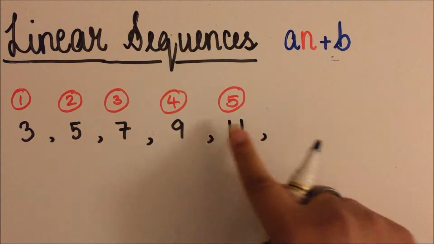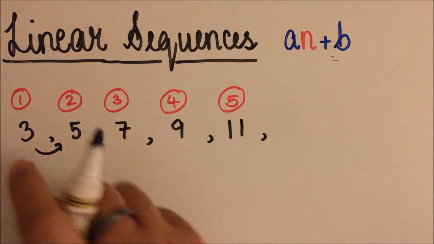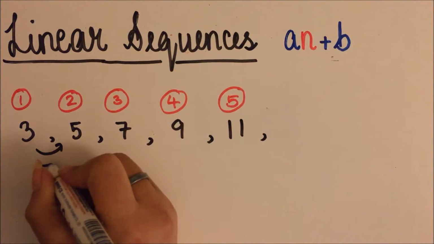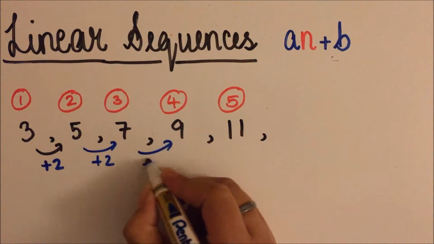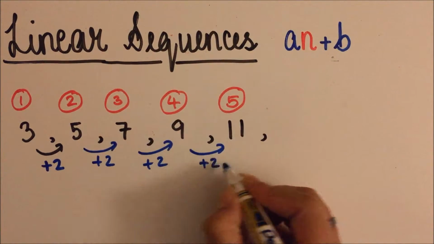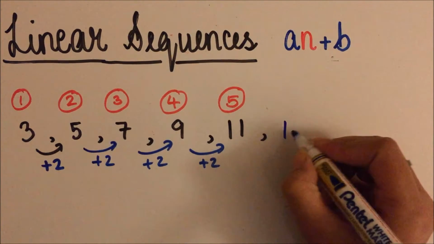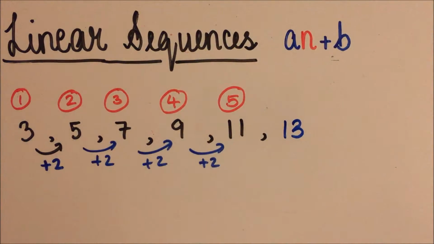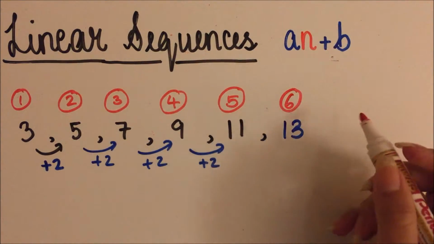We'll also be able to find the sixth term. How? Well, every single time you're adding 2, so the next term of the sequence you're going to be adding 2 again, so it will just be 13. So that will be the sixth term of the sequence.